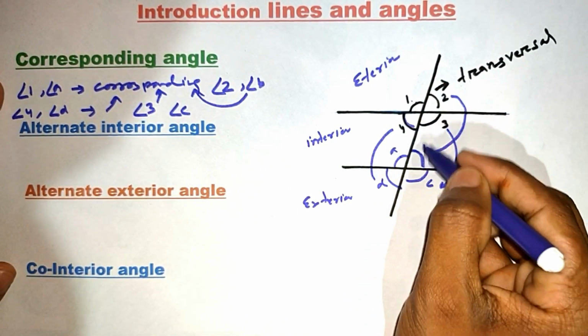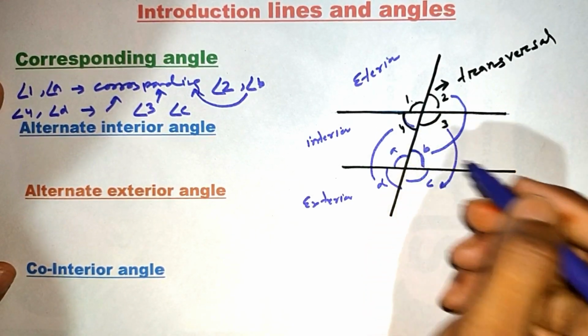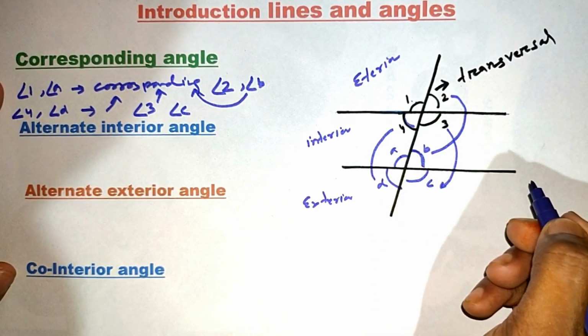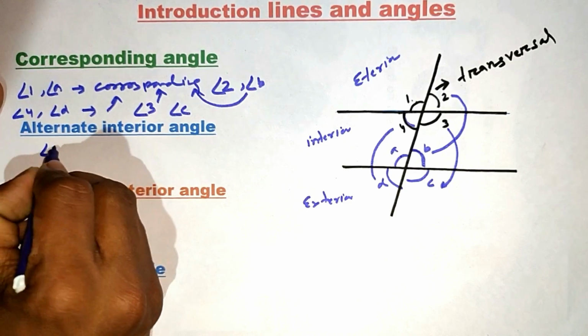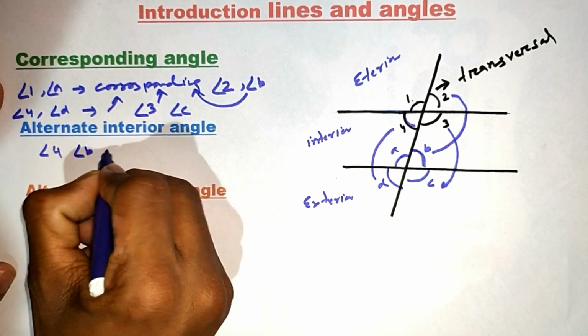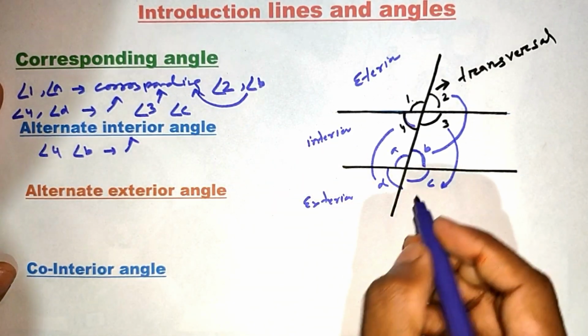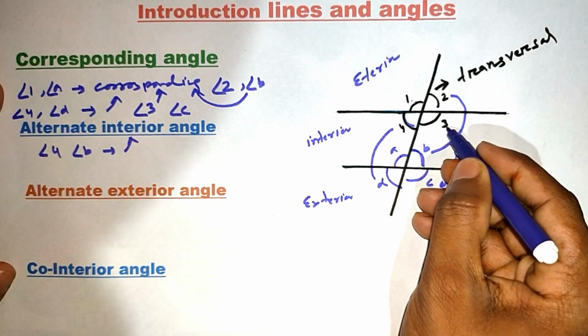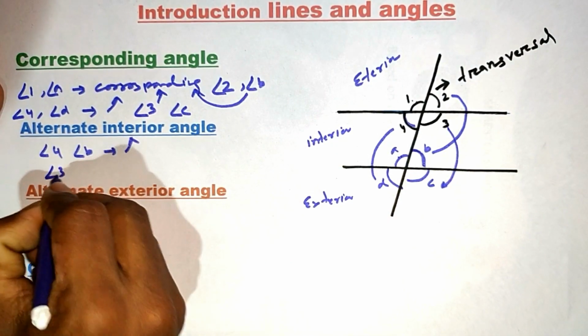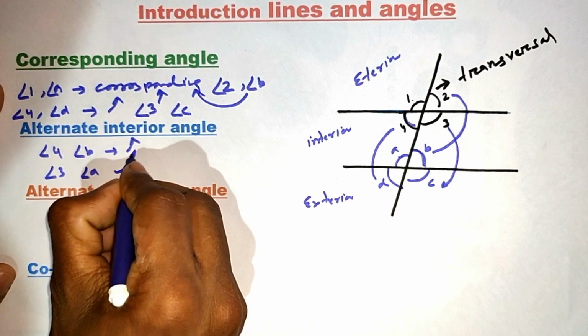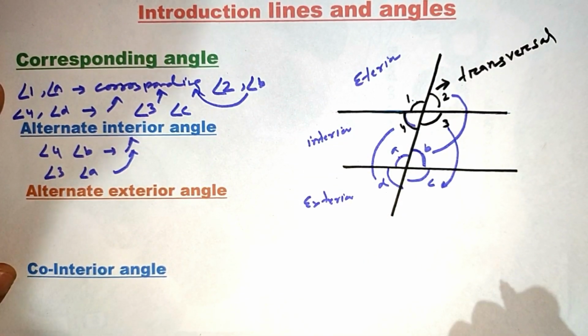Also they are in opposite directions, so they are called alternate interior angles. So angle 4 and angle B are alternate interior angles. Again angle 3 and angle A also are alternate interior angles.